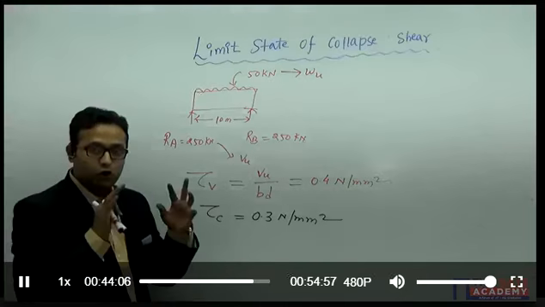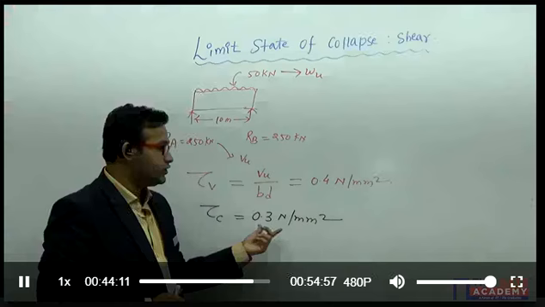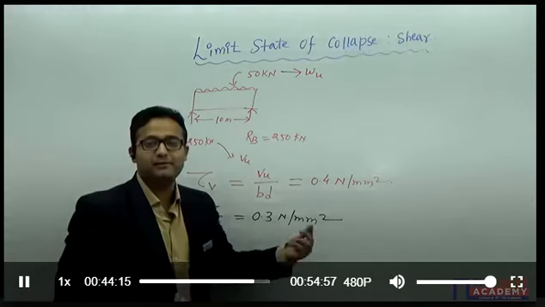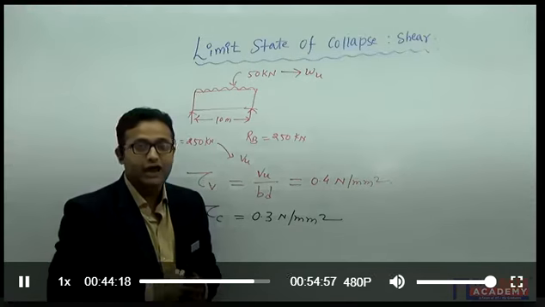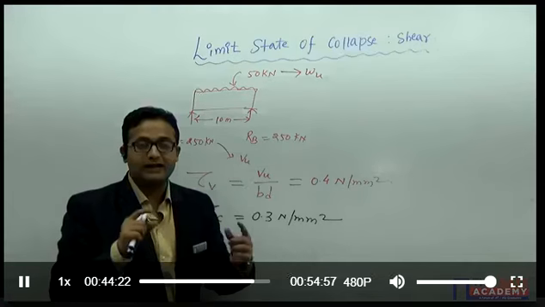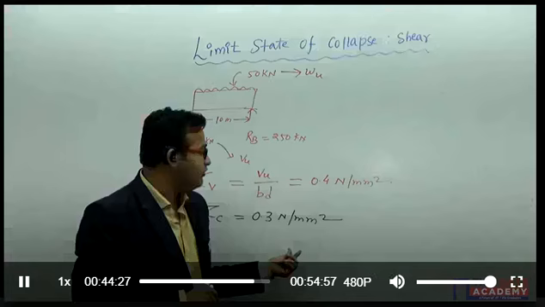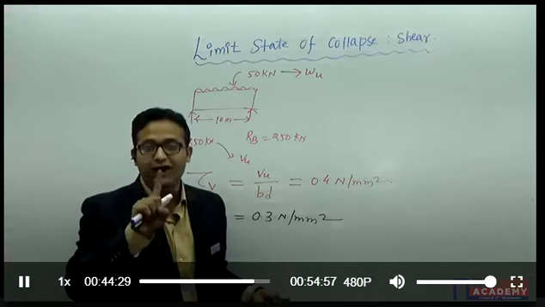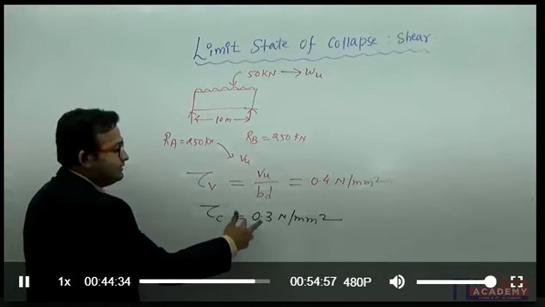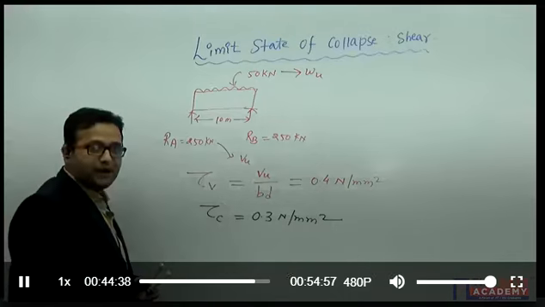That means the total shear stress coming is 0.4 Newton per mm square, and your concrete has already resisted 0.3 Newton per mm square. So the additional is 0.1 Newton per mm square. So I need to design my shear stirrups to take this excess stress of 0.1 Newton per mm square. Right? So tau c is taking 0.3 Newton per mm square, and tau v is coming 0.4 Newton per mm square.